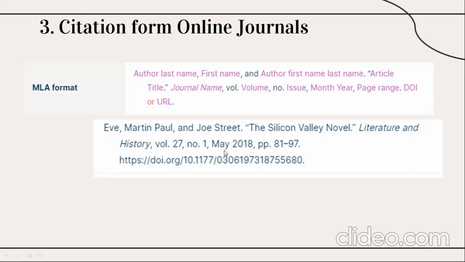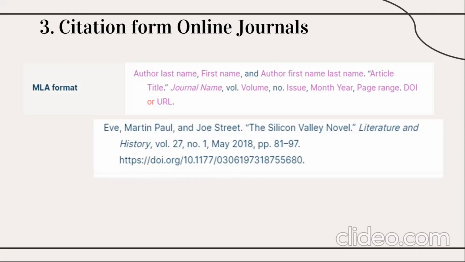It was published in the month of May 2018, from page number 81 to 97, full stop. And I have referred to this website, any URL address. That's the URL address of this journal. It may be an e-journal. So this is how we can write in the reference section or bibliography following the MLA format.